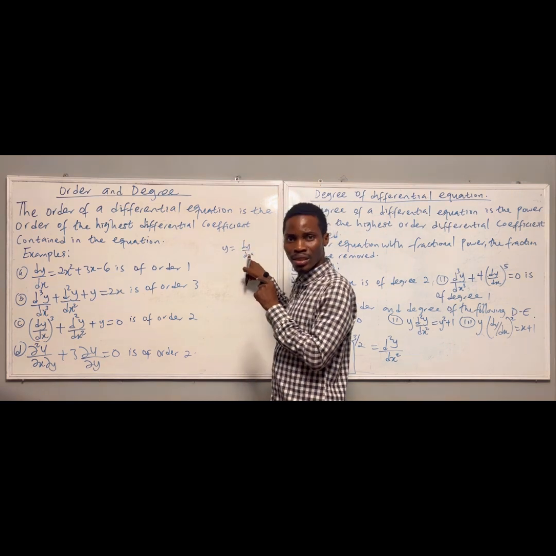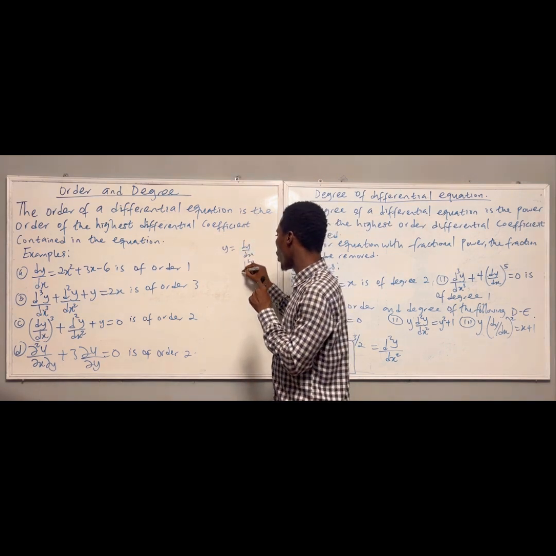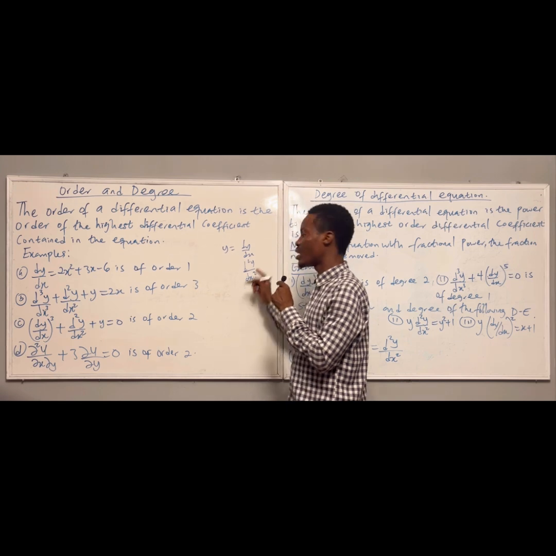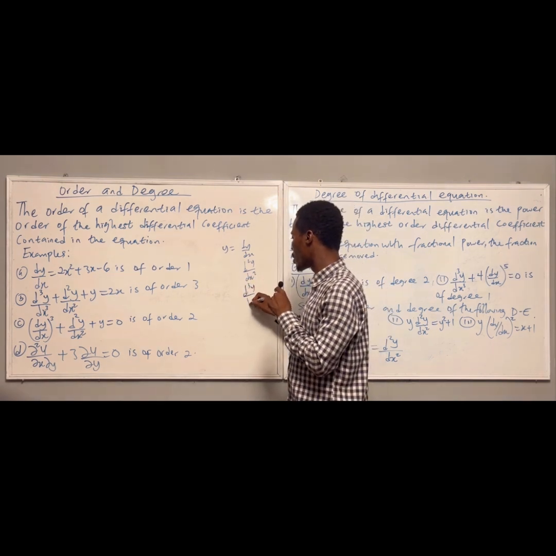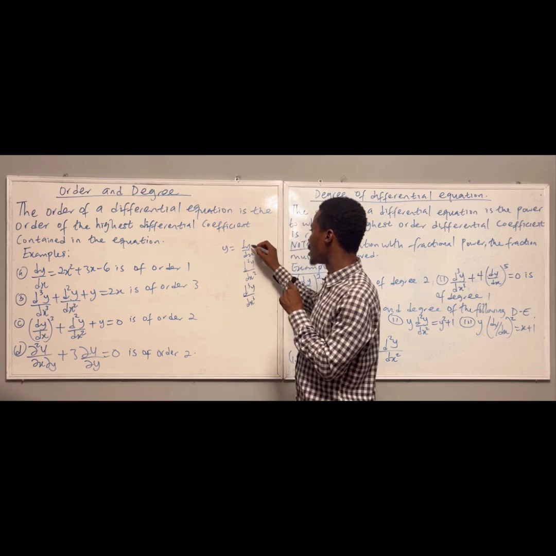If I differentiate dy over dx again, I'm going to have d squared y over dx squared. If I differentiate again, I'm going to have d cubed y over dx cubed.